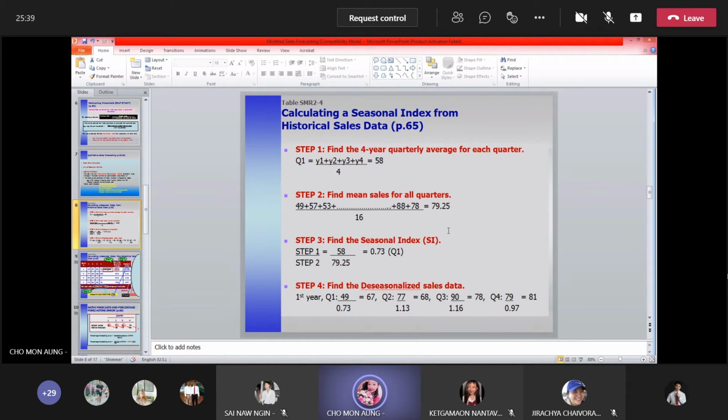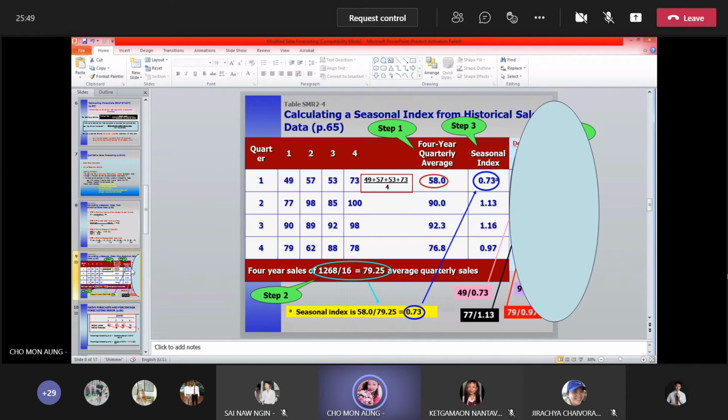All right. In this example, I did the first year, or 4 quarters. But of course, you have to find it for year 2 as well. For year 2, quarter 1, you take 57 divided by the seasonal index of quarter 1, which is 0.73. You go through like this vertically.